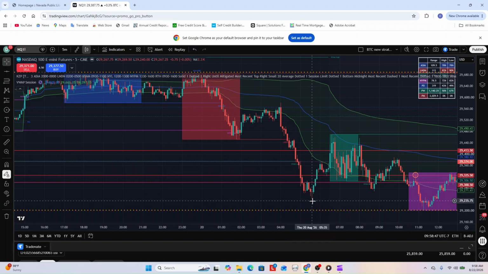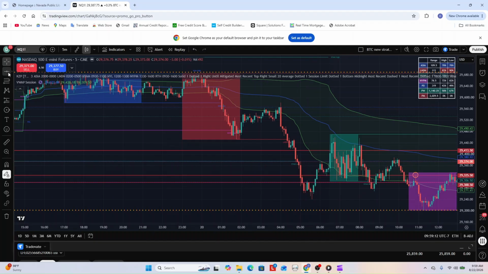The session created a new low during pre-market and it closed red, but it's an indecisive candle, and it's also a rejection candle, right? So although it closed red, it was still bullish. It created a new low.